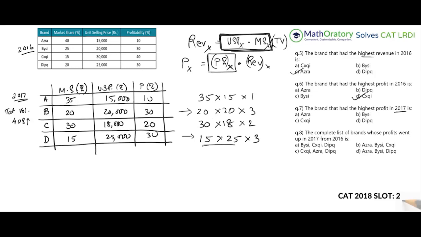Here we have 15 into 25 and this is 20 into 20, right? Now, 15 is like 20 minus 5 and 25 is 20 plus 5, so this will be something like 20 square minus 5 square. Obviously, this is lower than 20 square. 20 into 20 is 20 square, isn't it? So this is ruled out.